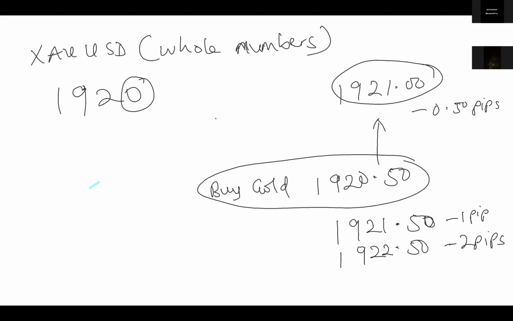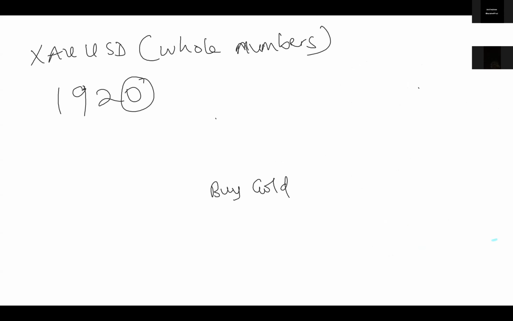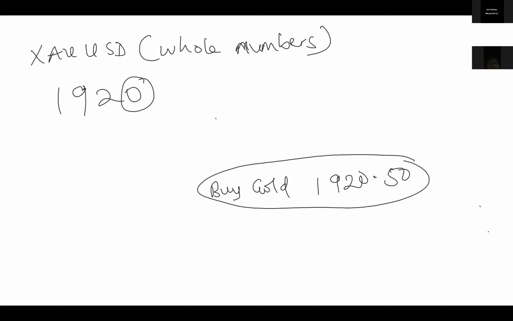If 1920 moves to 1921, that's 1 pip. If it moves to 1930, that's 10 pips. So gold is whole numbers. So if I told you to buy gold 1920, right?